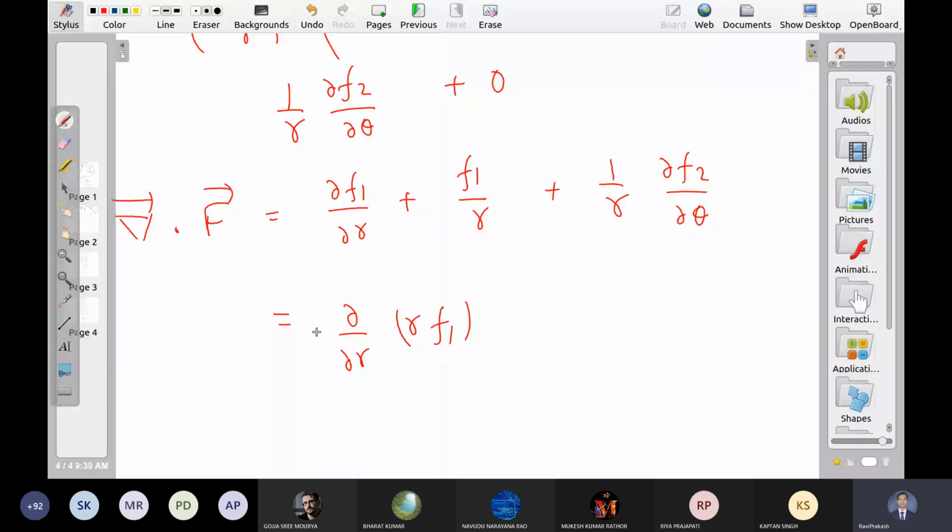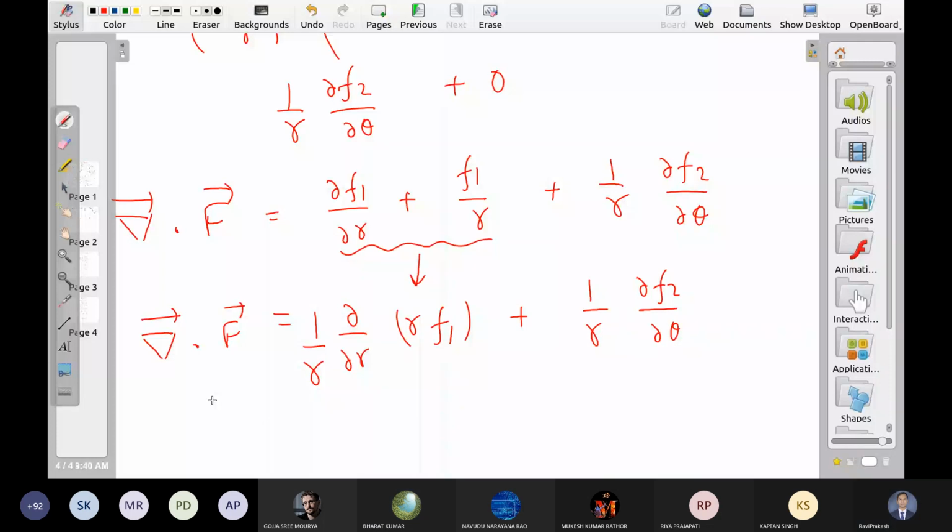R as it is cancels del f1 by del r. Derivative of r becomes 1. Okay. Is it okay? So I have combined these two terms into one, right? So this is the formula for divergence.